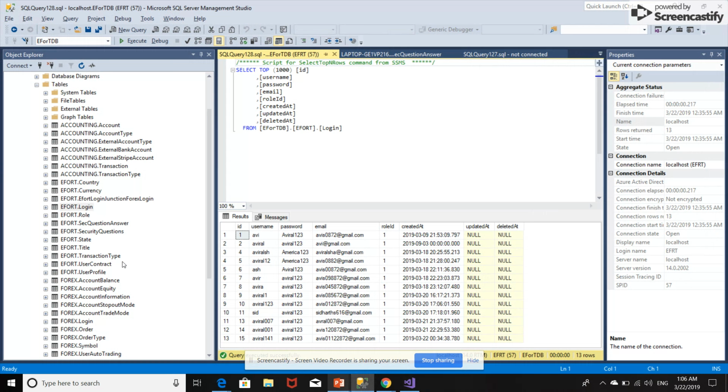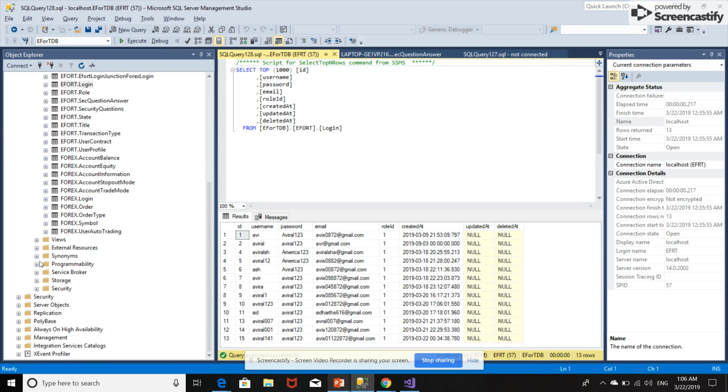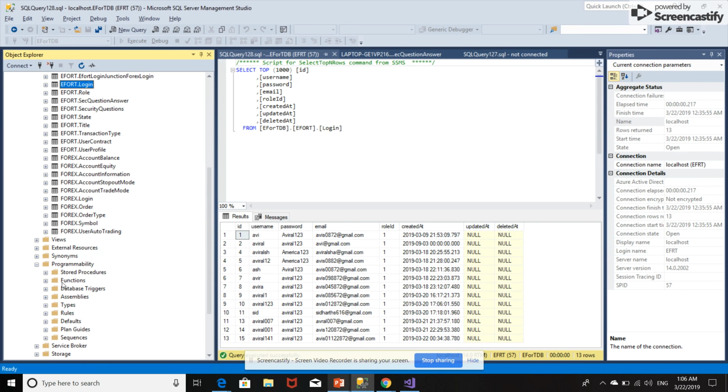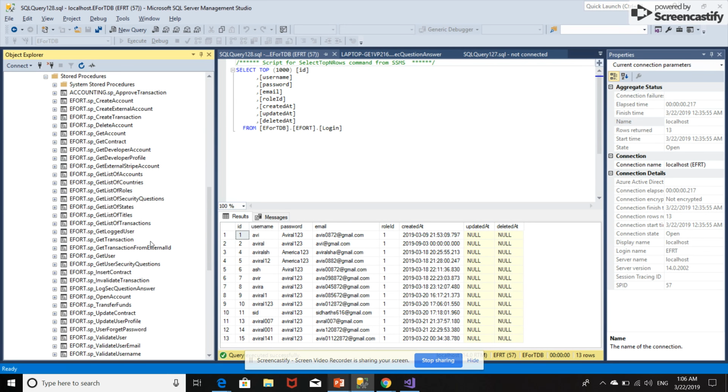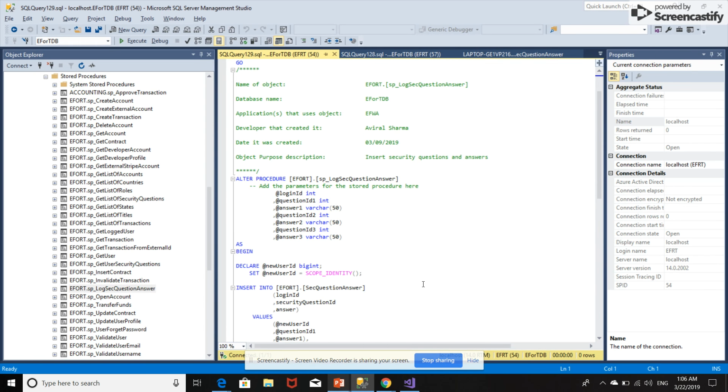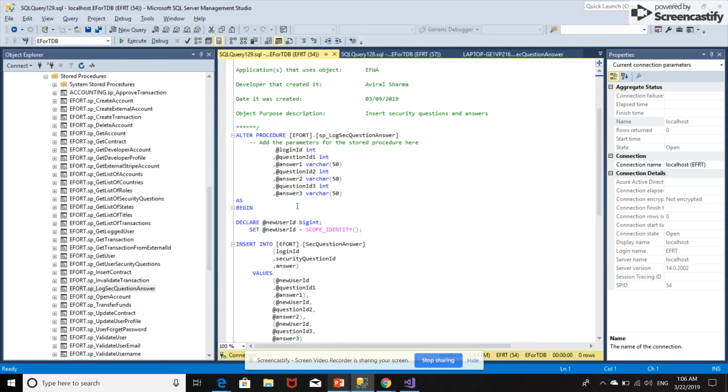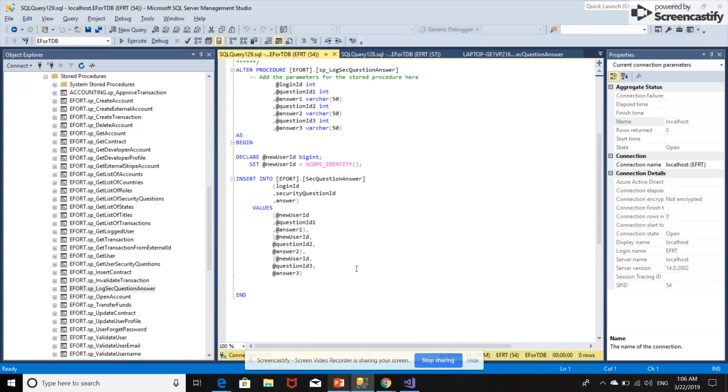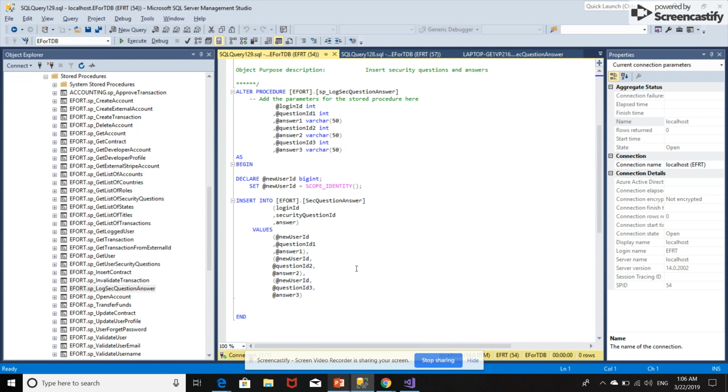Let me show this. So this was the initial stored procedure which I wrote for the security answers, which was getting clashed with the open account.